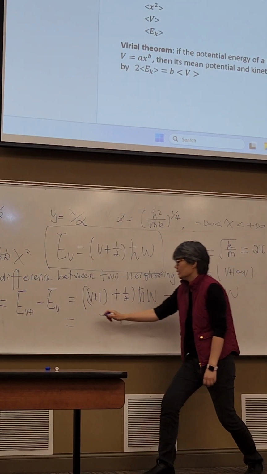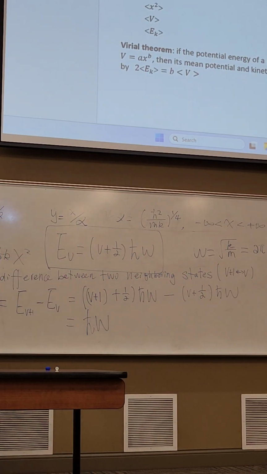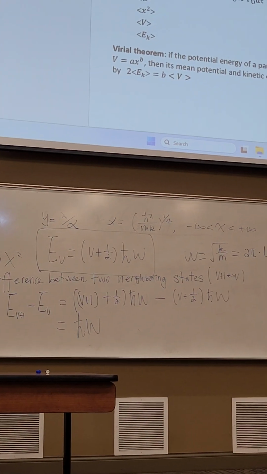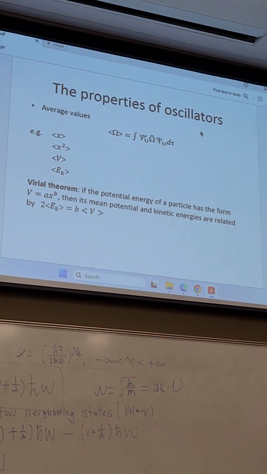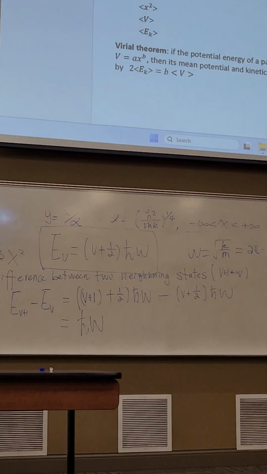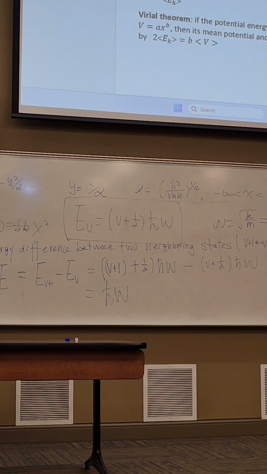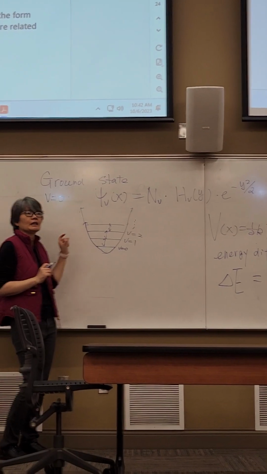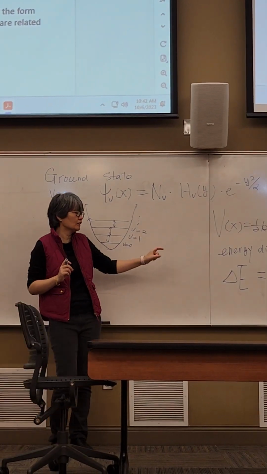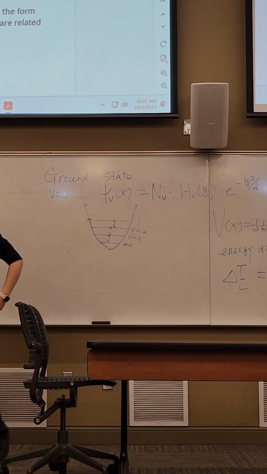What you really have is, so the difference is, we talked about this when we talked about energy, but I just proved to you again for the system, and that's why the spacings are equally spaced, because the difference is equal to a constant. Alright, now I'm not done yet.